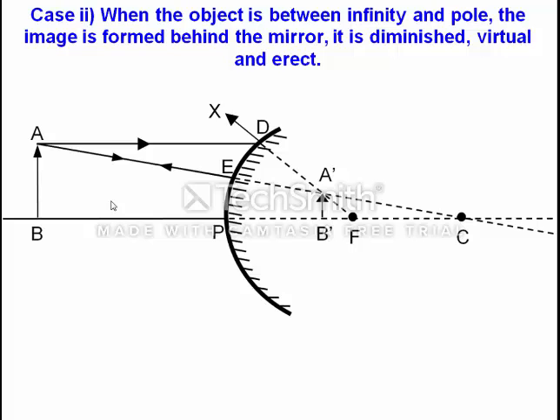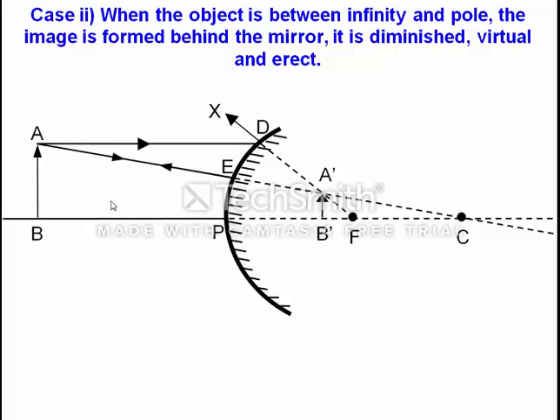But if we are getting virtual and erect image, then again there is confusion, that in plane mirror also virtual and erect, in concave mirror also virtual and erect, in convex mirror also virtual and erect. So again, if the image is virtual and erect and the image size is greater than the object size, then it is concave mirror.